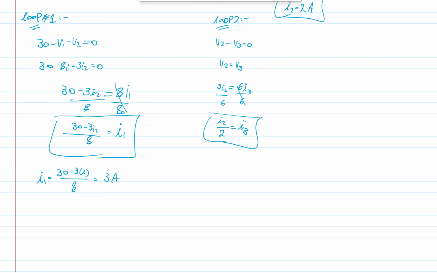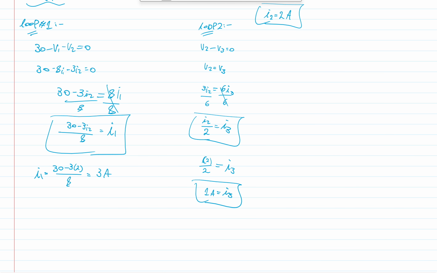All right, so we got our previous value. I2 over 2 is equal to I3. We'll just place that. I2, once we replace it with 2, is going to give us the value of 1 ampere. 1 ampere, that's how we found I3. Now we can do our final step.